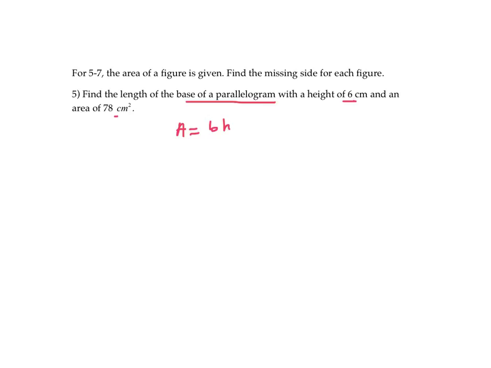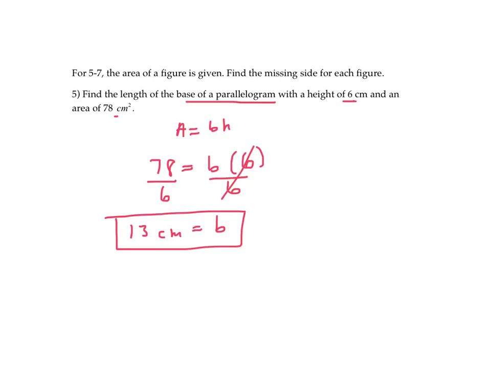Plug in the area for A, so 78 is equal to base times the height of 6 centimeters. And then we're solving for the base, so we need to take and divide both sides by 6. So 78 divided by 6 leaves us with 13. And we need to put centimeters on our final answer. Don't forget the units again. So our base of this parallelogram is 13 centimeters.